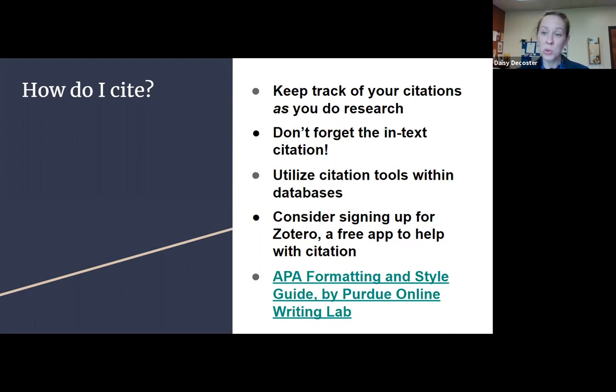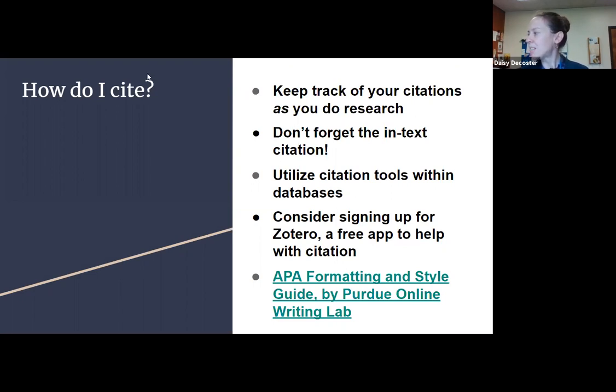Utilize citation tools because they're out there. So when I show you the databases, I'll show you how you can easily sometimes see the PDF, the APA citation. Consider Zotero. Zotero is a great tool for helping manage your citations and research for any research papers or lab reports you're writing.